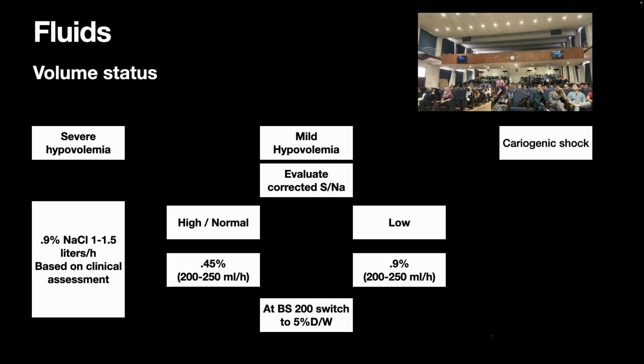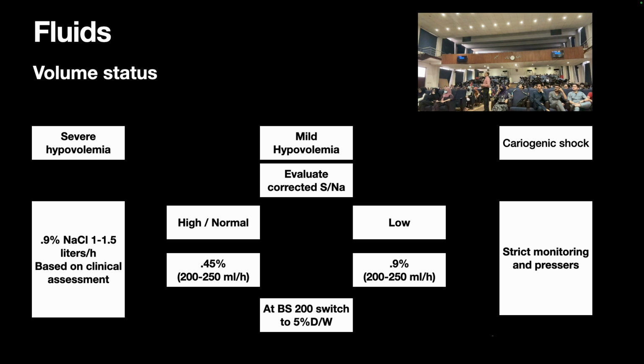If the patient has shock, it may be cardiogenic. If the patient has MI, the patient requires strict monitoring and pressor support. So this is how you give fluid, and in these patients it's better if you put in a central line and manage fluid according to the central venous pressure.